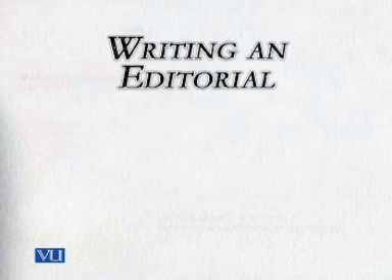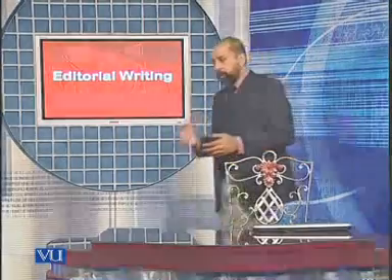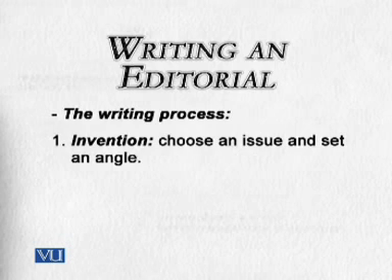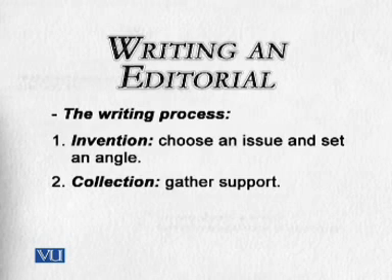Let's go ahead now and talk about how editorials are written. I'll take you back towards the same 6-step process of writing. To refresh your memory, the first one was invention, the point in which we invent or select a topic on which we want to write. The second step is collection, in which we collect information from different sources.